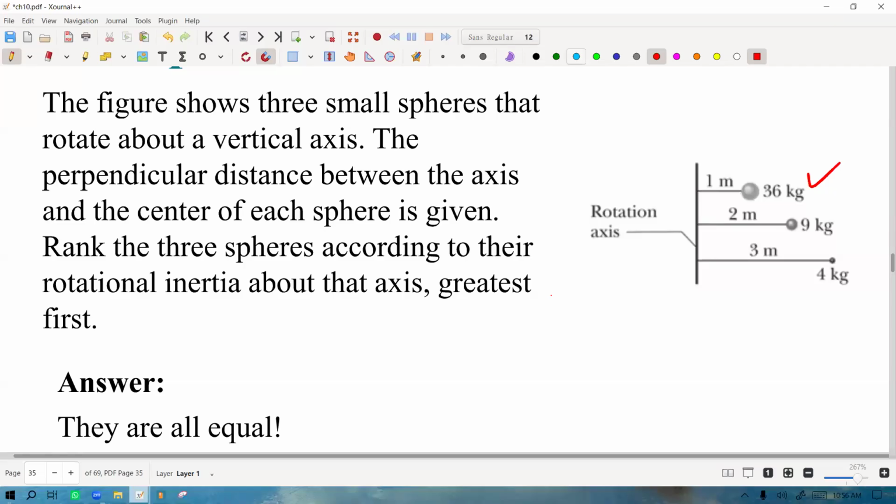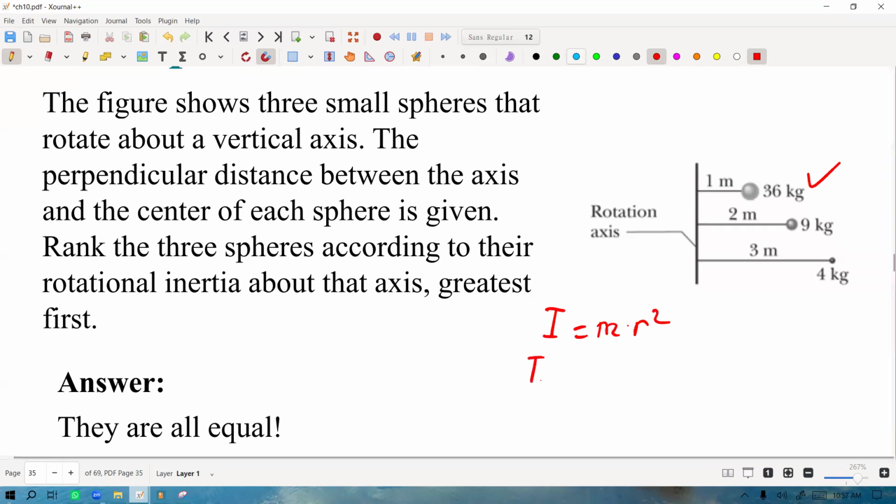I mean the inertia, not kinetic energy. The inertia is mass times r squared, right? So for object one, I1 is 36 times 1 square, 36 kilogram meter square.